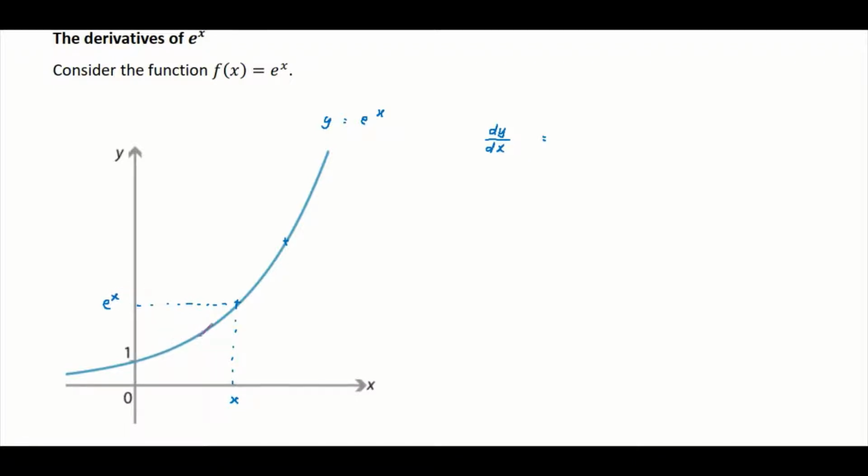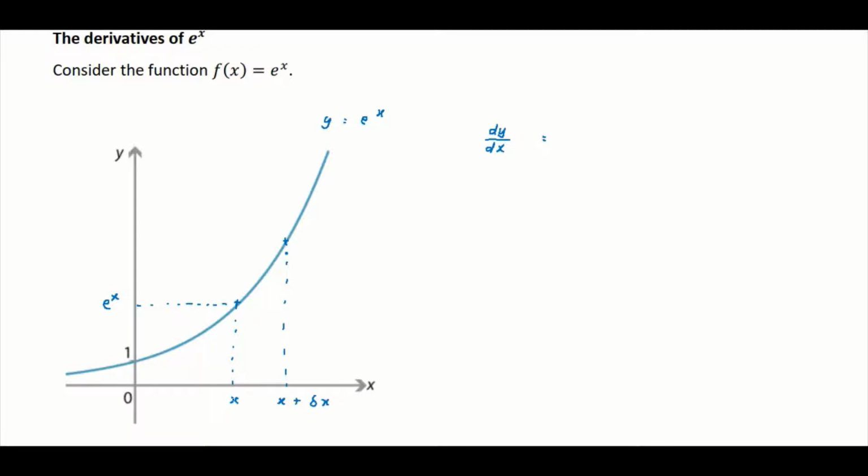e to the power of x. Then I move on to the second one. Later we want to move this point nearer and nearer to x, so that the small change in x approaches 0. So this part is x plus a small change in x.